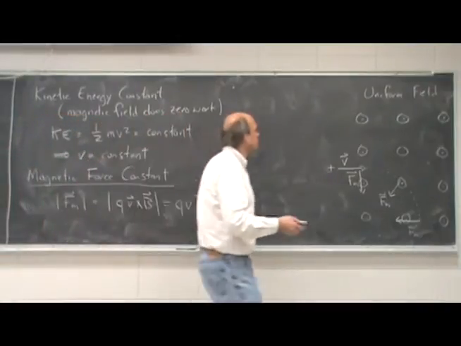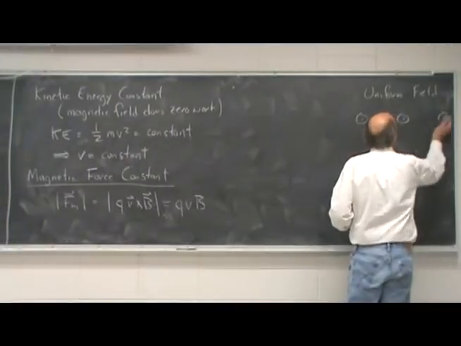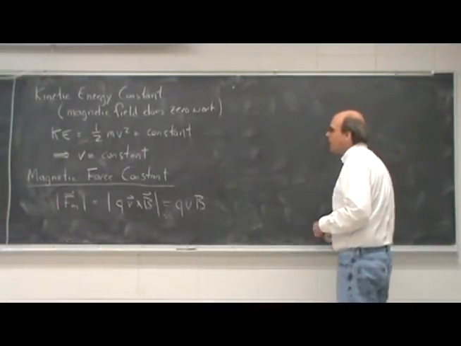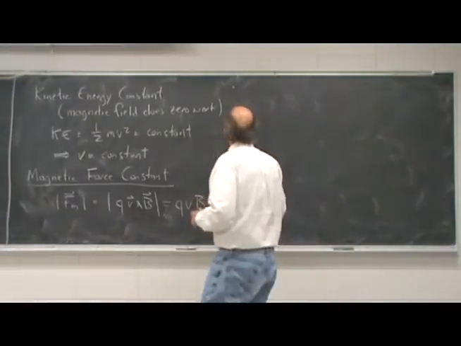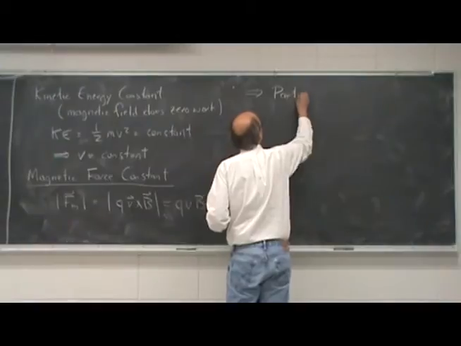Okay. So we have a constant force. This means the particle travels in a circular orbit.